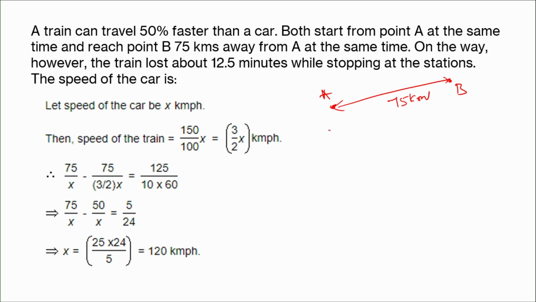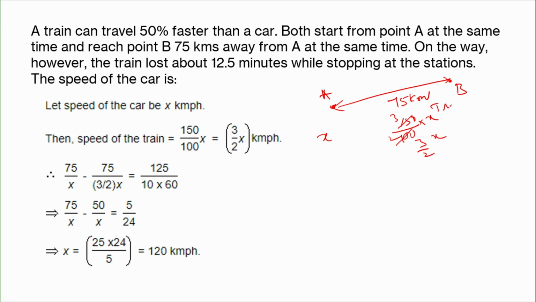Say speed of the car is x, then speed of the train is 50% more, means 150 by 100 of x, means it is 3 by 2x, because 3 twos are 6, 5 twos are 10. That's the reason it's 3/2x. Clear? Okay.